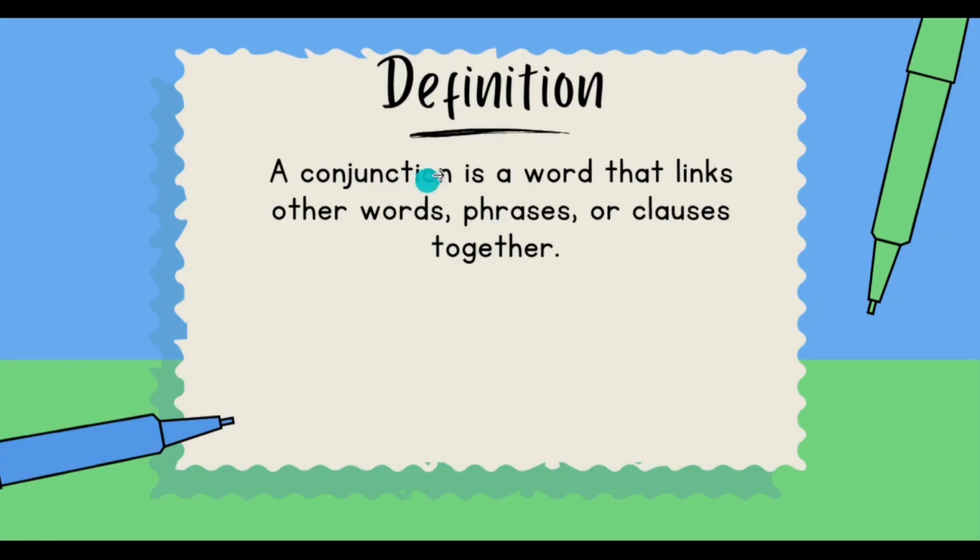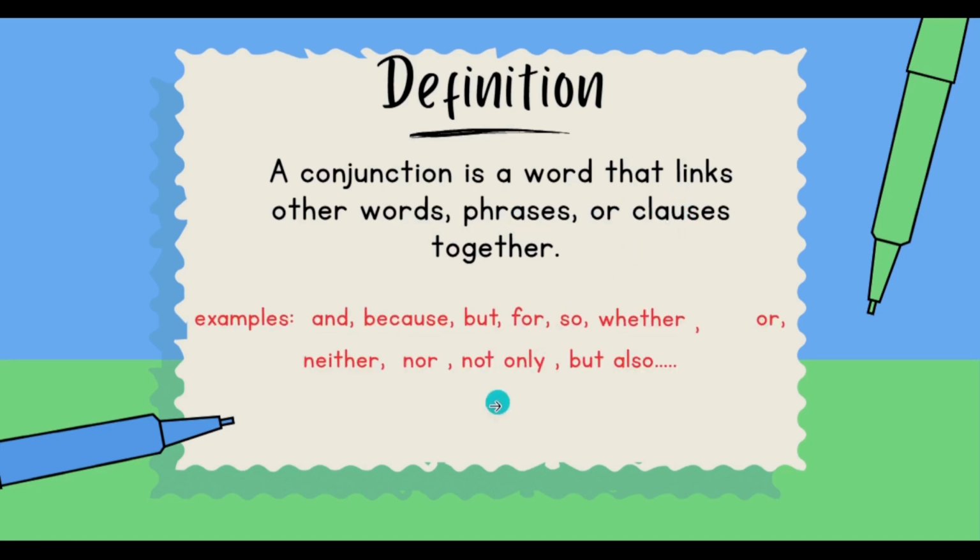A conjunction is a word that links other words, phrases, or clauses together. For example, and, because, but, for, so, whether, yet, or, neither, nor, not only, but also, etc. Conjunctions create connections that identify the logical relationships between ideas or sentence elements.